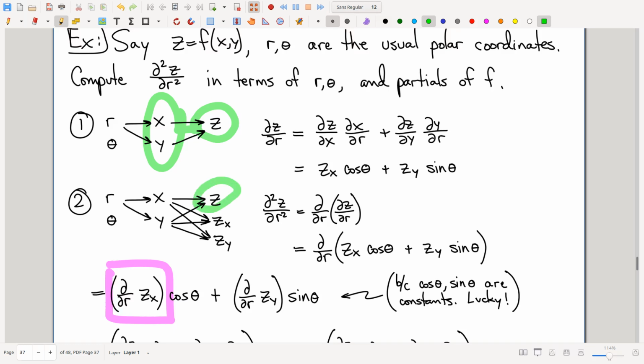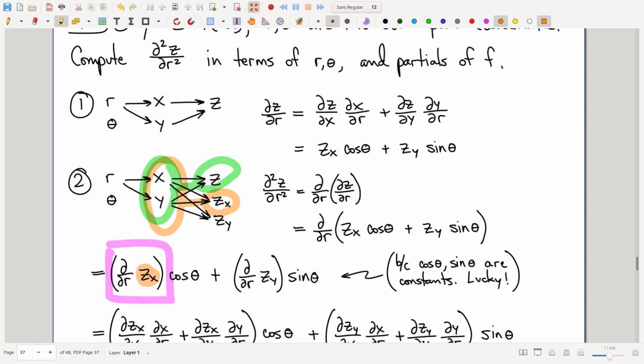And so on my diagram, with z understood to be a function of x and y, I'm going to rewrite zx as being a function of x and y, because it is. And I'm going to include it correspondingly on my diagram. So that's how I'm going to interpret that zx right there. It's effectively a kind of variable on my diagram.